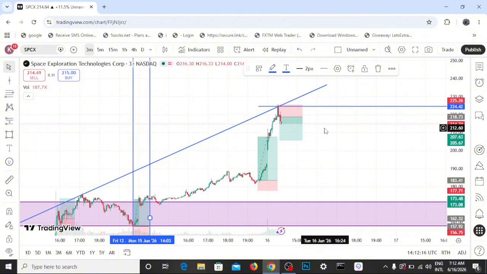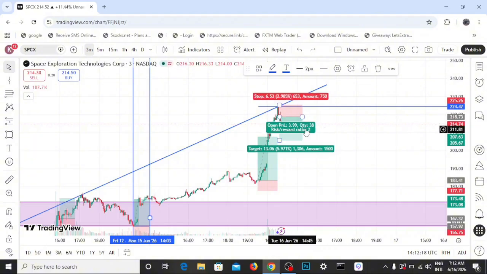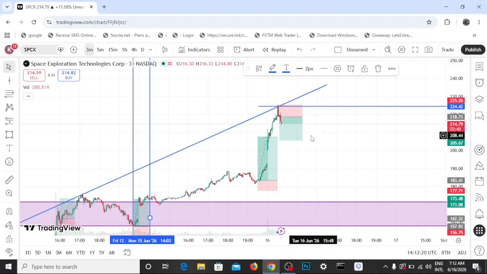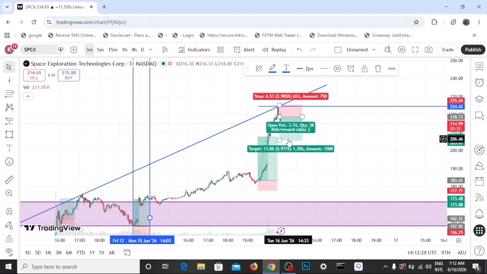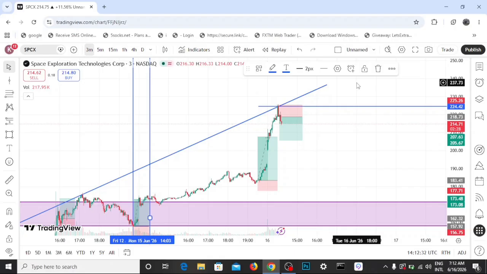Okay, so yeah, actually I see that it's still creating that strong bearish candle. So I can actually just keep it, stick with the 1 to 2 risk to reward ratio right now.